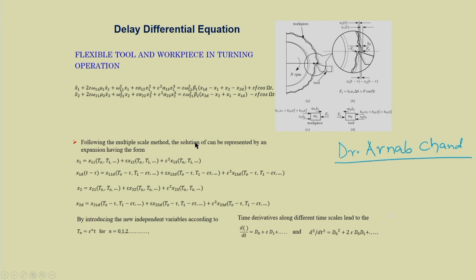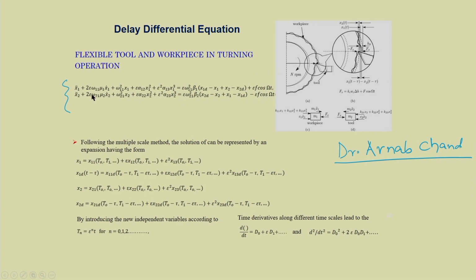The detailed derivation you can see in the work of Arnab Chand. You can see the equation can be written in this form. For the tool let us take x1 and for the workpiece x2.